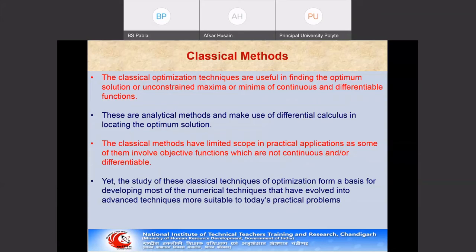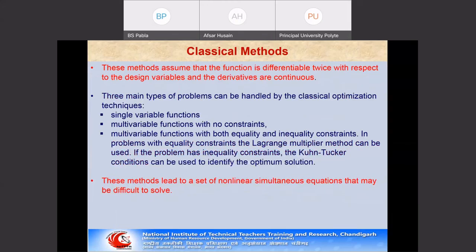We'll come to it. Let's say GA, genetic algorithm, is based on the concept that the fittest will survive. We'll come to it.